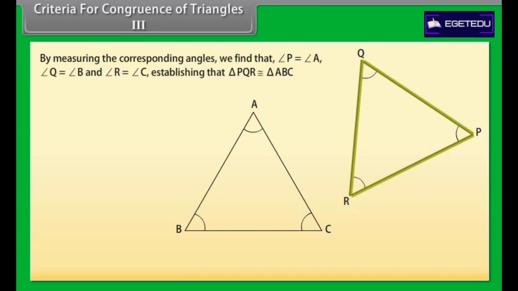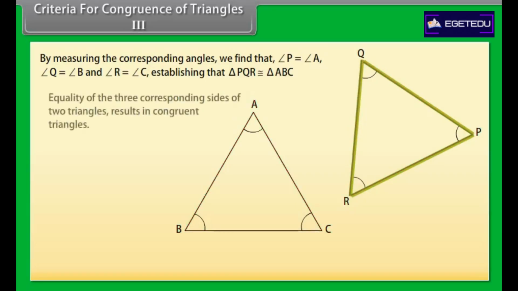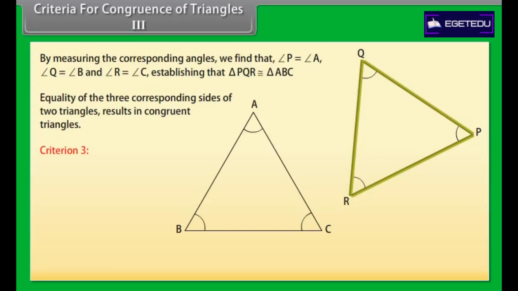By measuring the corresponding angles, we find that angle P is equal to angle A, angle Q is equal to angle B, angle R is equal to angle C, establishing that triangle PQR is congruent to triangle ABC. This means that equality of the 3 corresponding sides of 2 triangles results in congruent triangles. Thus, we have criterion 3.